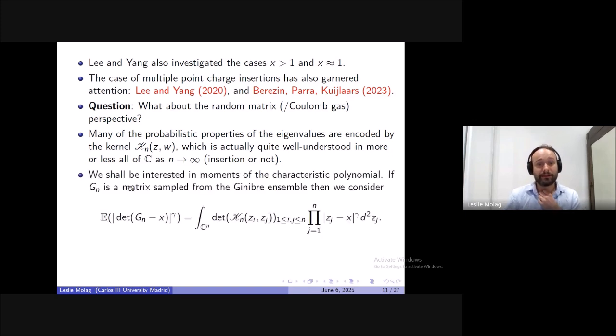So you consider a matrix sampled from a Ginibre ensemble. So that was the one where V is the modulus of z squared. Right? And then you consider a moment that is the expectation value of some power of the modulus of the characteristic polynomial. It doesn't necessarily have to be an integer. You can also consider real or even complex values for gamma.